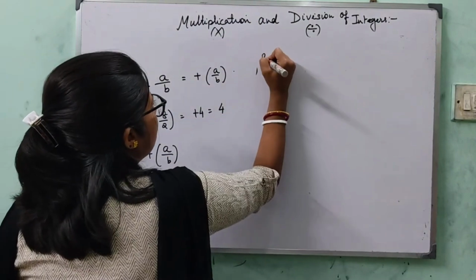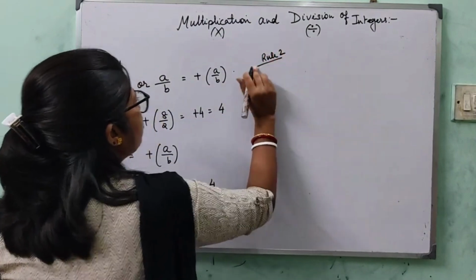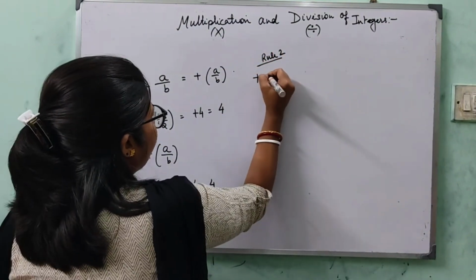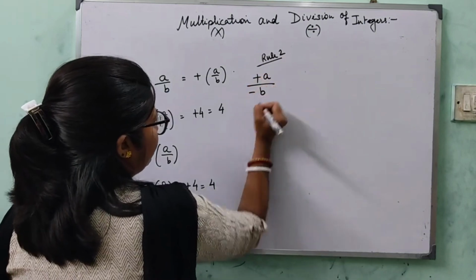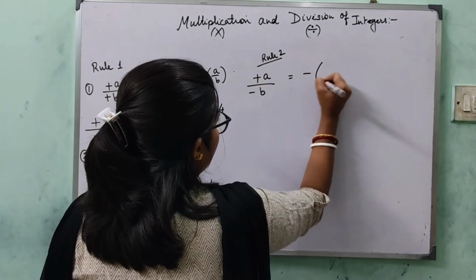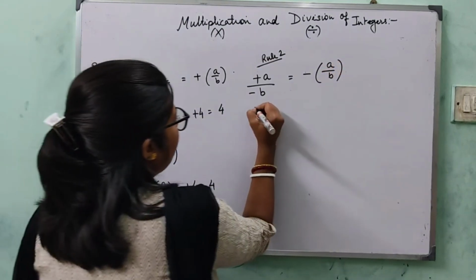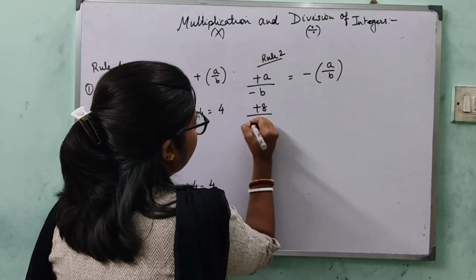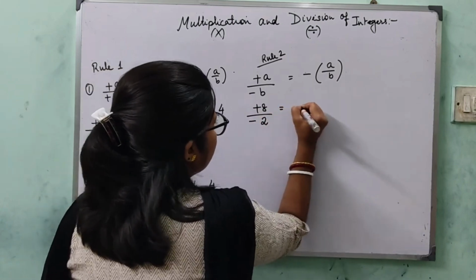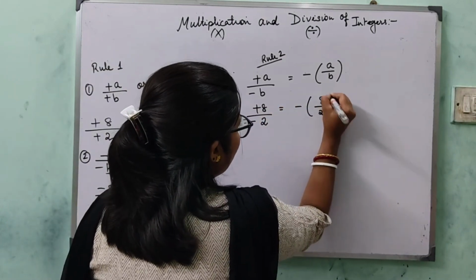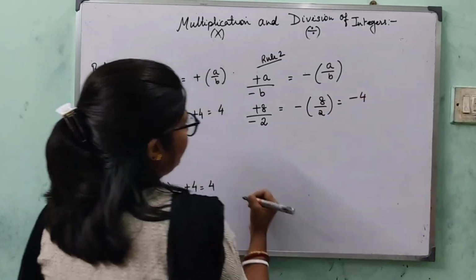Now next comes your rule 2. In rule 2, if you have a positive integer divided by a negative integer, then the answer will have a negative sign, that is plus 8 divided by minus 2. So it is minus of 8 by 2, that is equal to minus 4.